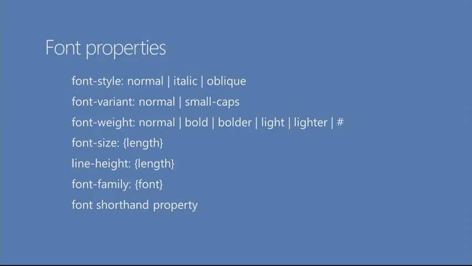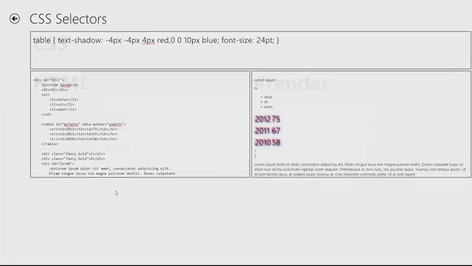The font one is a little bit fickle. It wants style, variant, and or weight in some order, but they're optional. Then you can specify size and line height with a slash in between them. And then you have to have font family. It's a little bit picky as to the format, so if you're going to use the shorthand, you just need to know that.